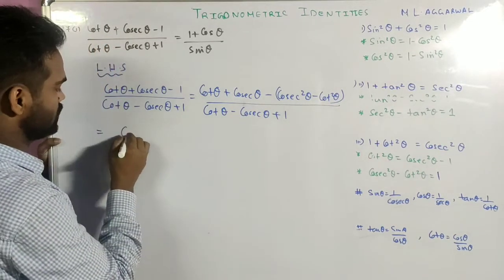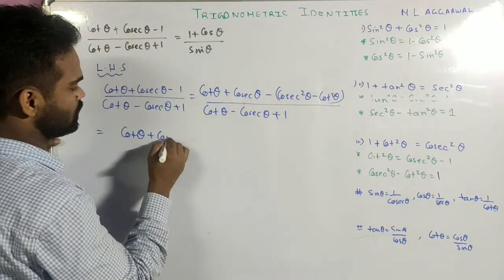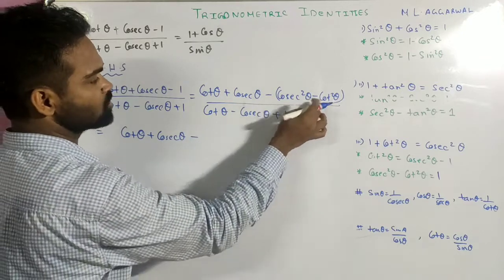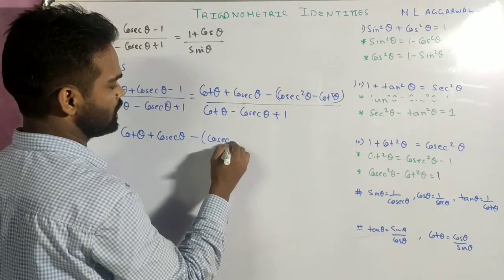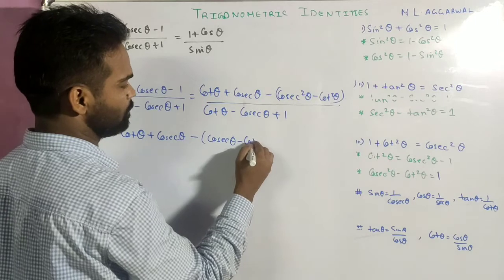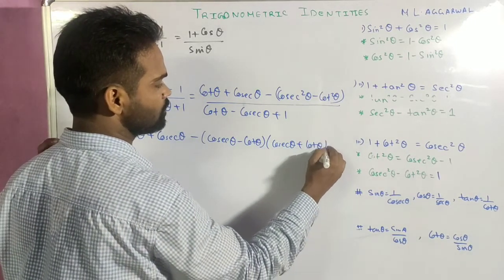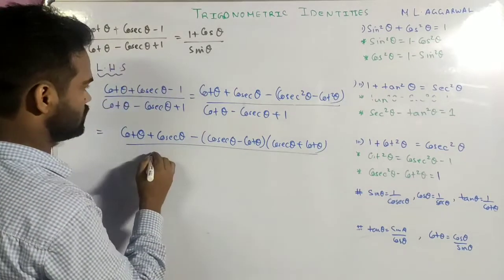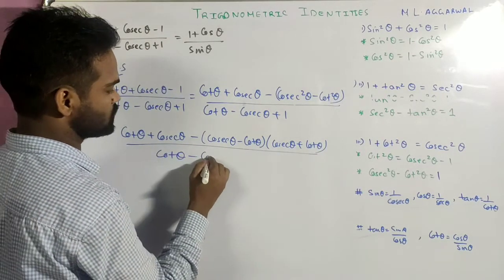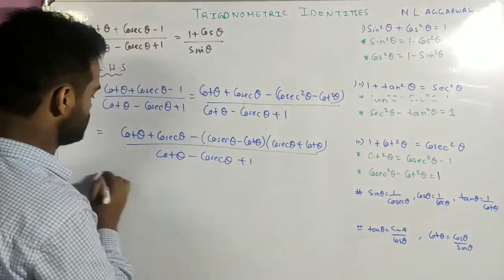Now see, in the numerator, cot theta plus cosec theta minus a square minus b square, which is a minus b, a plus b, isn't it? By cot theta minus cosec theta plus 1. Now look carefully.